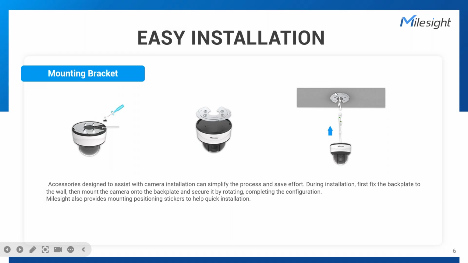You can firstly install the mounting bracket, and then mount the camera onto the bracket and secure it by rotating it. Then the camera and the mounting bracket will be connected tightly to ensure a very tight and quick installation.